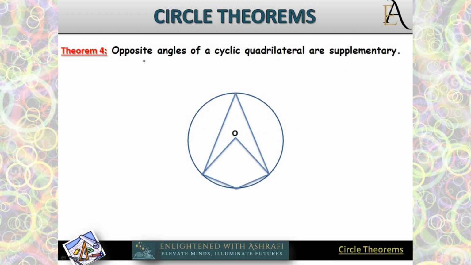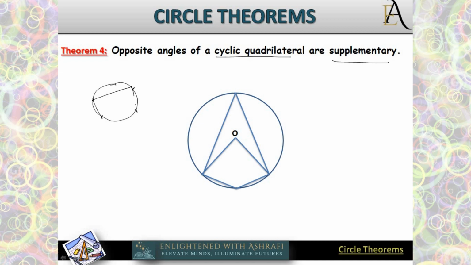Theorem 4. Opposite angles of a cyclic quadrilateral are supplementary. Cyclic quadrilateral means we have a circle where the four vertices of the quadrilateral are on the circle.